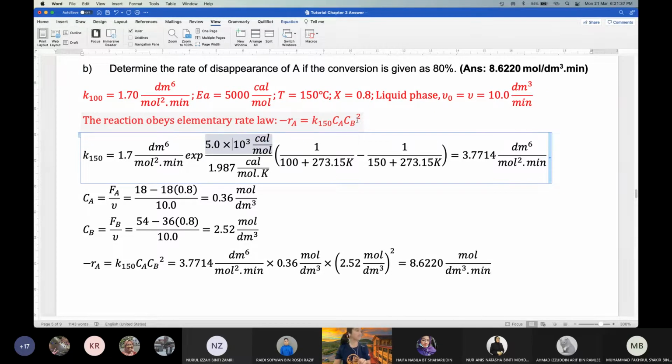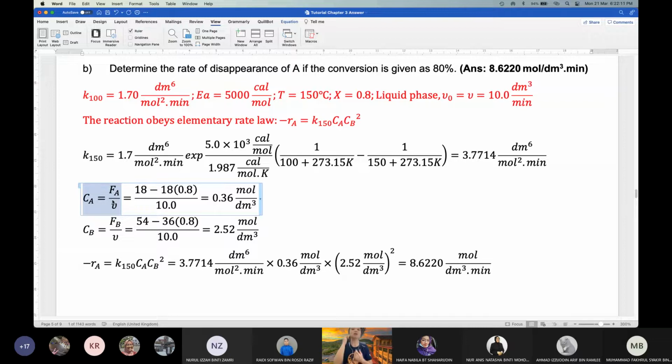Tadi kalau batch reactor, kamu nak cari CA from the batch reactor, it was CA equals to NA per volume, V. However, for flow reactor, CA sama dengan molar flow rate of A, FA over epsilon, which is the volumetric flow rate. So konsep dia kalau batch, mole per volume. Kalau flow, molar flow rate per volumetric flow rate. Itu je beza dia. Maksudnya mole per time bahagi dengan volume per time.